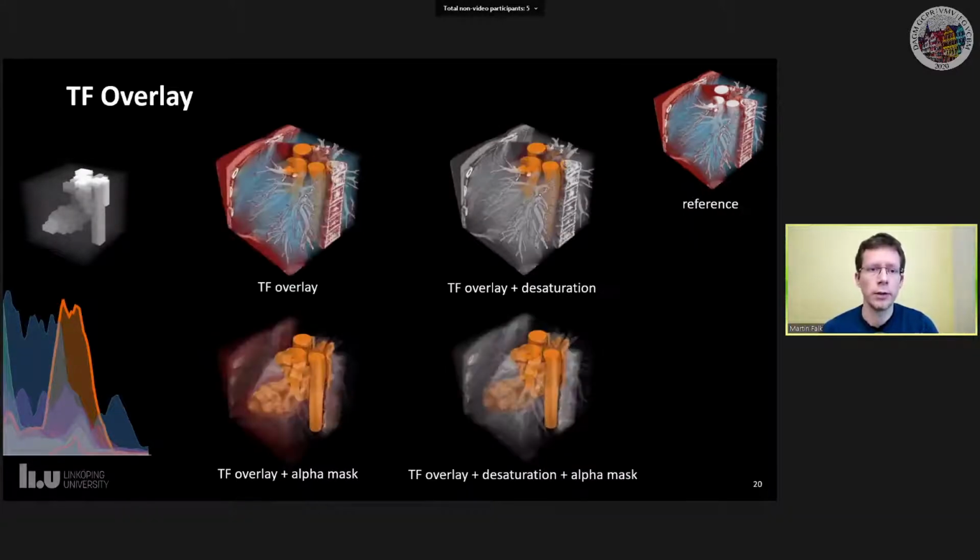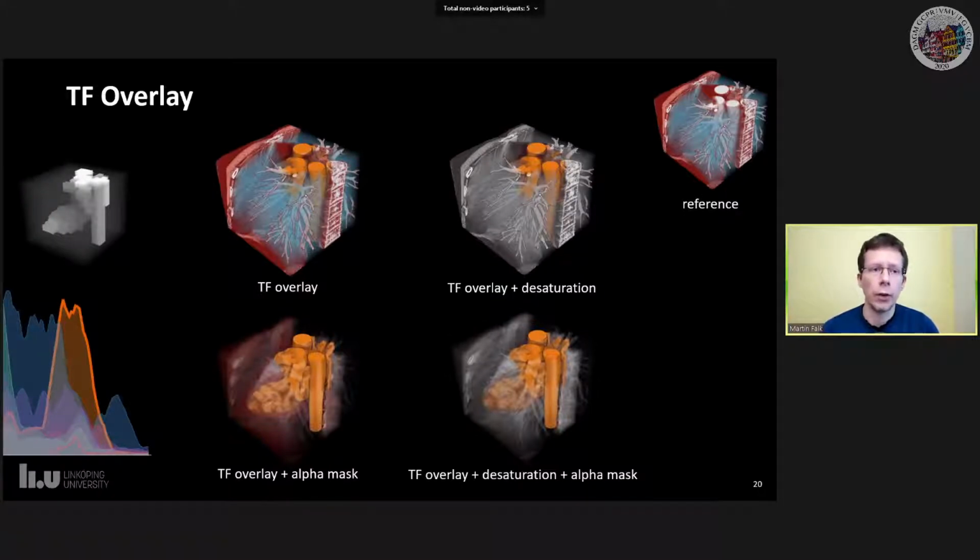In addition, we can apply a spatially constrained transfer function to just the selected region and combine that with the previously applied transfer function. Here we decided to highlight the selected region with bright orange. And of course, we can also combine that with the overlay and the alpha masking. Everything shown on this slide is adjustable by the user.